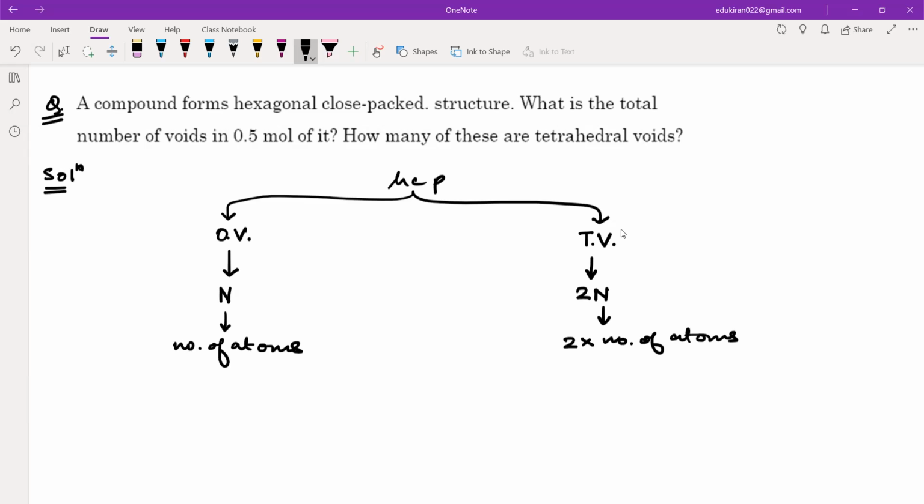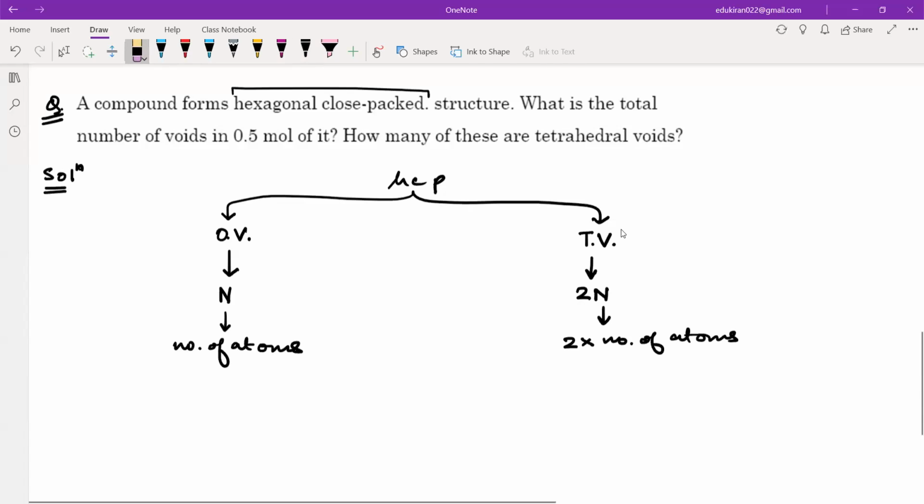Now in the question, tell me, what is the number of atoms? That whole packing is made up of how many atoms? No, where in the question is 6 mentioned? Sorry, they are not talking about the unit cell.